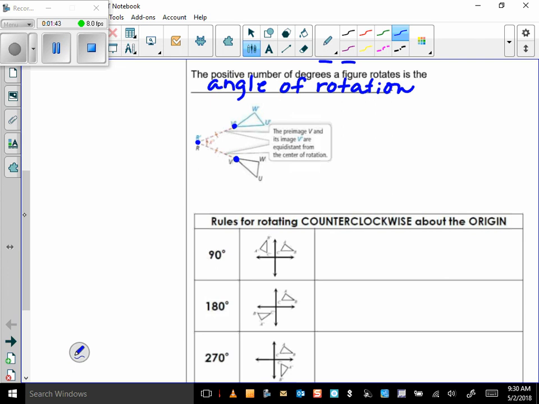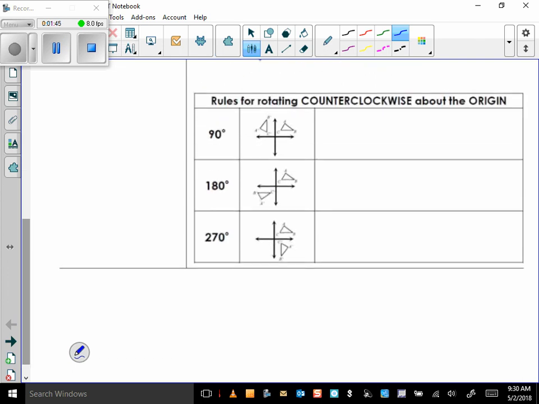And so really, all that's left here is for me to tell you what these rules of rotation are. And of course, you have to memorize them. If I'm going to rotate 90 degrees counterclockwise, all these that I'm writing down here are counterclockwise, and my center of rotation is the origin in all these cases, then for 90 degrees counterclockwise, here's the rule: xy goes to negative y, x.